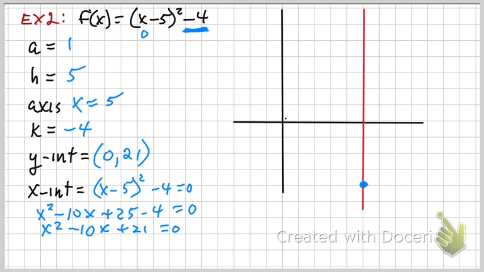Erase some of that out there. Okay. Now then, I can use the AC method. I'm going to factor it, or I could use the quadratic formula. This one's pretty easy to factor. If I do the AC method, I think it's going to come out to be x minus 7 times x minus 3 equals 0.